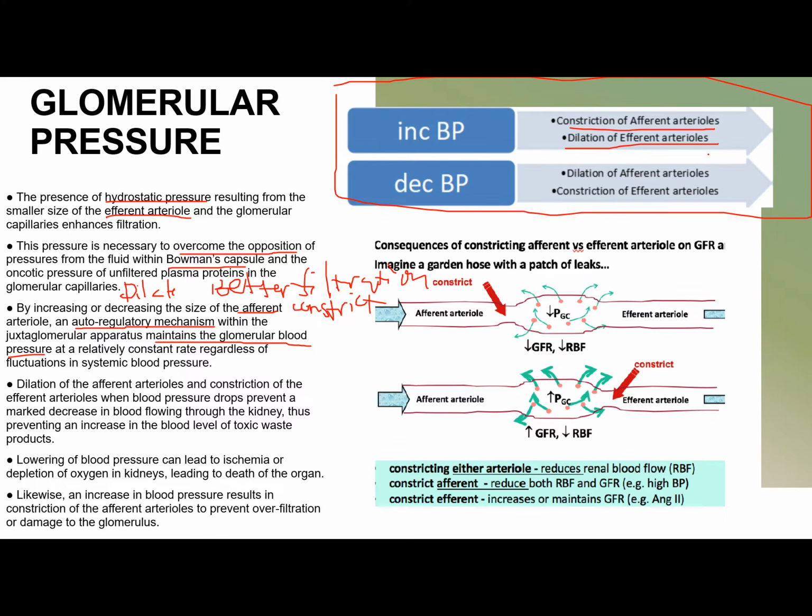So take note of that. If you have an increased BP, magko-constrict yung afferent arterioles, meaning liliit siya class. It would become narrower.